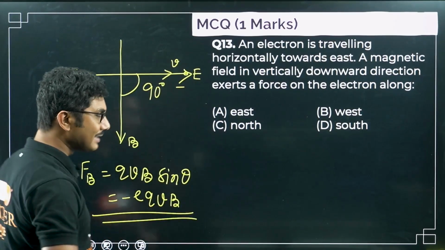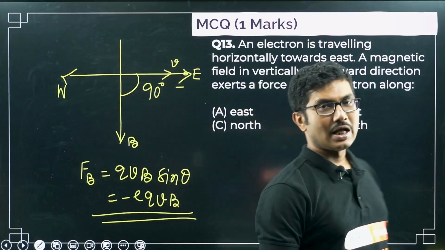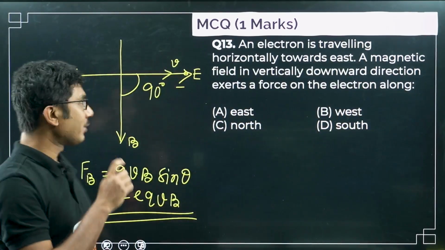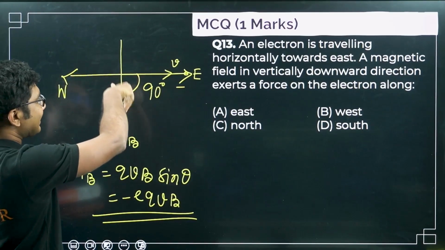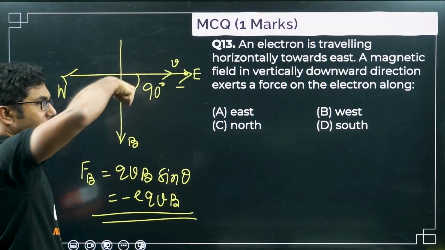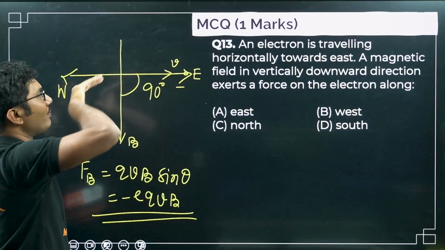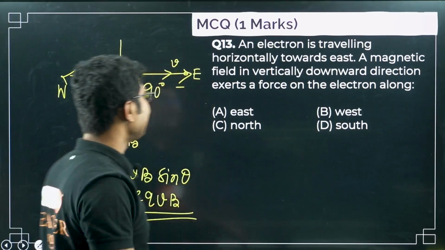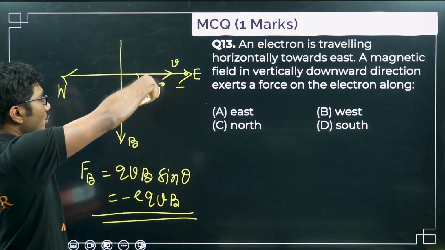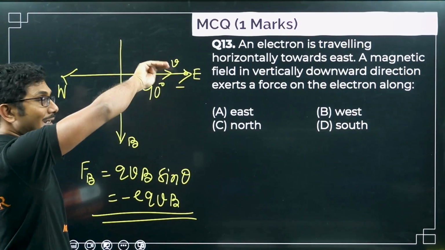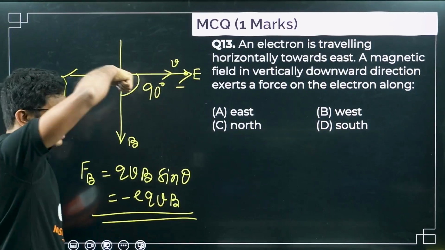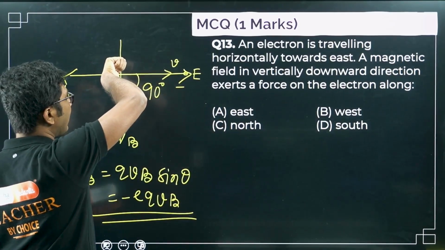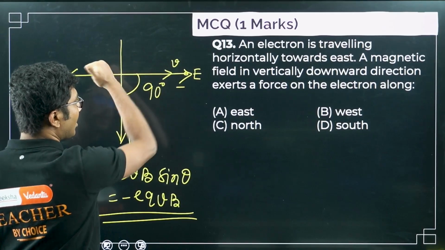You have to remember that this force is negative in sign. Whenever you find the force on a charge, for a positive charge you point your fingers towards the velocity and then move towards the magnetic field, and you will see the direction of the force. But because it's a negative charge, whatever direction you get, you have to reverse it.